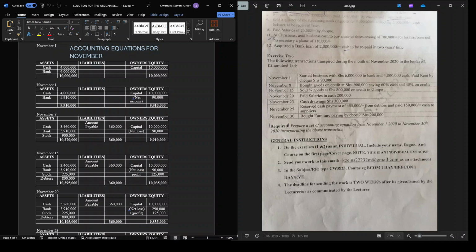Then on November 8th, bought goods on credit 900,000, paying 60% by cash and 40% on credit. So now when you come to 8th November, we see that he bought goods on credit, and those goods he bought, you put them under stock, which is 900,000, and he paid 60% cash.